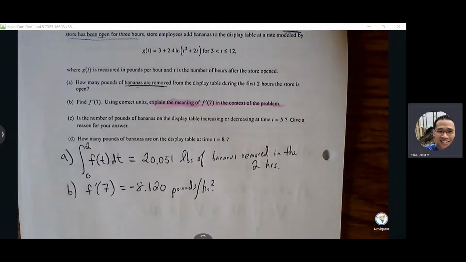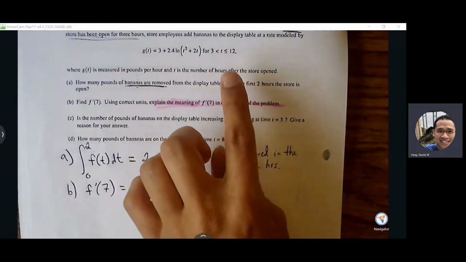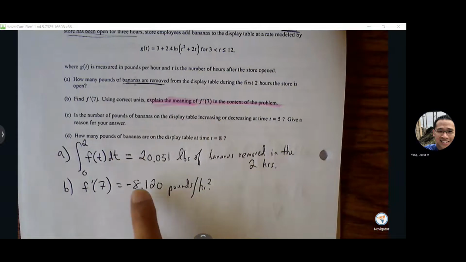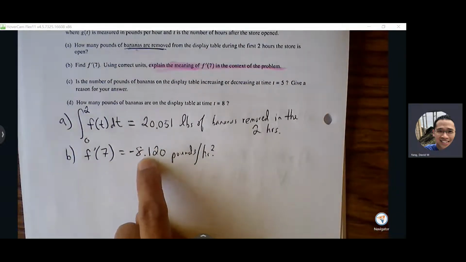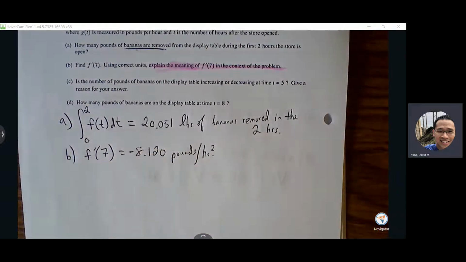Okay, good. The rate that the pounds of banana are removed is what? What's that keyword? It's decreasing, right? So if you say rate is decreasing or rate is increasing, that shows that's what they're looking for. That's that sweet spot they're looking for to earn that point. Okay.